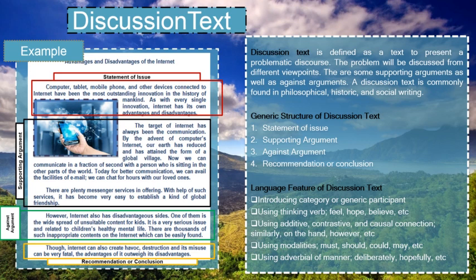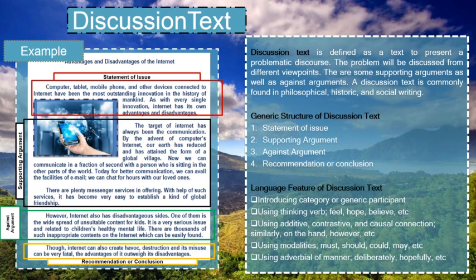The writer does not force his own opinion about the problematic issue. He gives a balanced point of view so the writer and reader eventually have clear steps and make the best decision.